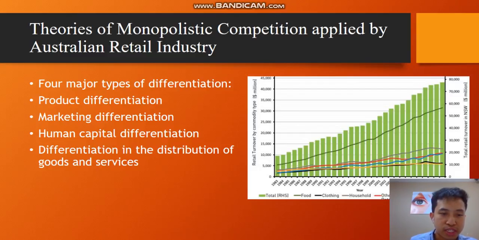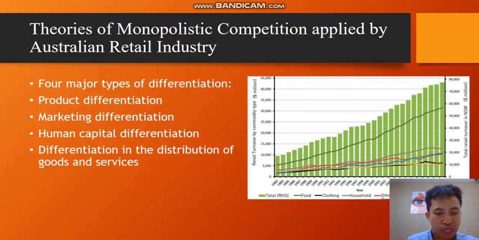However, in terms of marketing differentiation, the retail firms of Australia differentiate their products by several distinctive packages as well as some promotional techniques. Human capital differentiation, on the other hand, is realized in terms of the differences through the training sessions received by the employees and other distinctive uniforms.